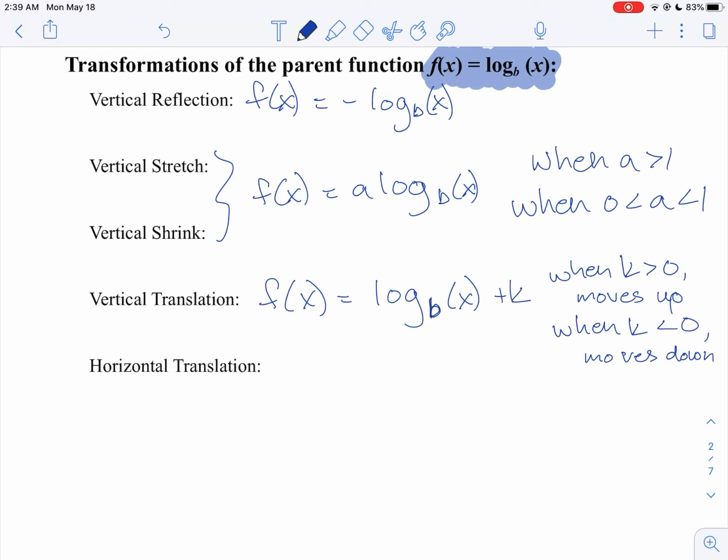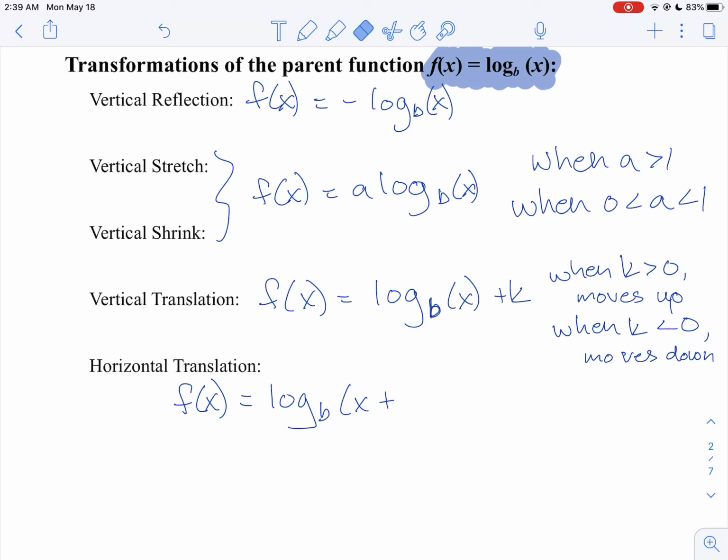And a horizontal translation then would happen when we have a value inside with our x. Sorry, my handwriting today is terrible.